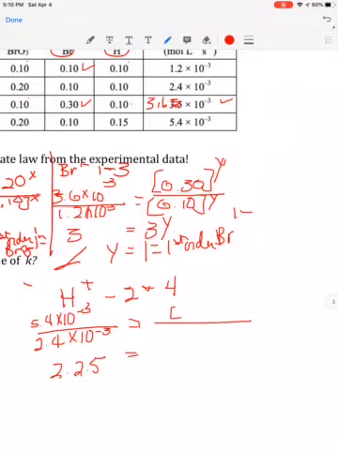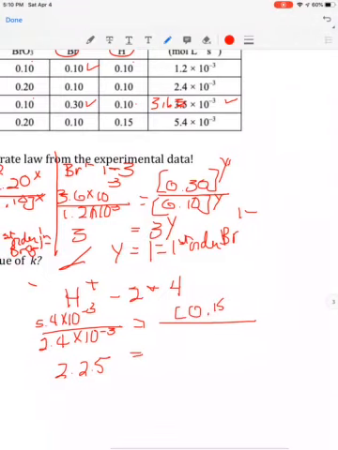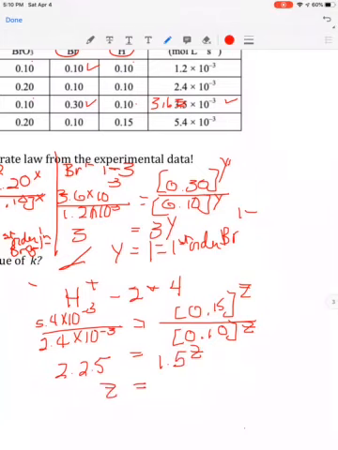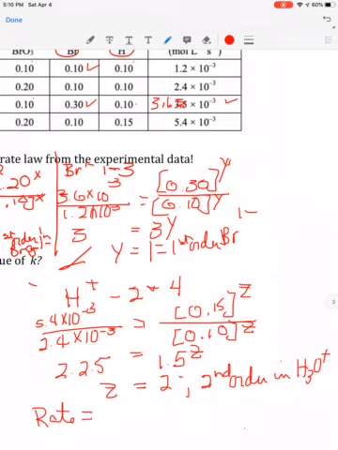On this side, I've got 0.15 to the z power and 0.10 also to the z power. So I get 1.5 to the z. Z, in this case, equals 2. So this is second order in the H3O 1 plus.